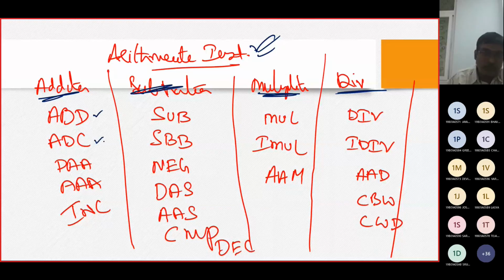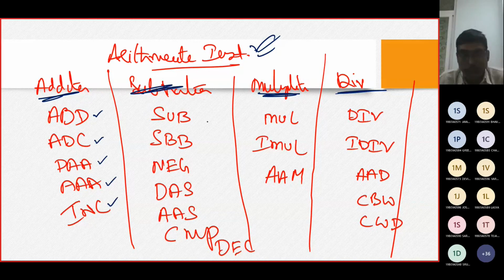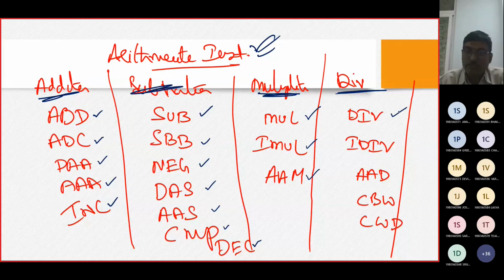So one addition, two addition with carry, three decimal adjust after addition, fourth ASCII adjust after addition, INC stands for increment, subtraction with unsigned number, subtraction with borrow, converting from a negative number to a positive number, then decimal adjust after subtraction, ASCII adjust after subtraction, comparing and decrement operation, multiplication, signed multiplication, ASCII adjust after multiplication, division and signed division, ASCII adjust after division, and converting from byte to word and from word to byte.